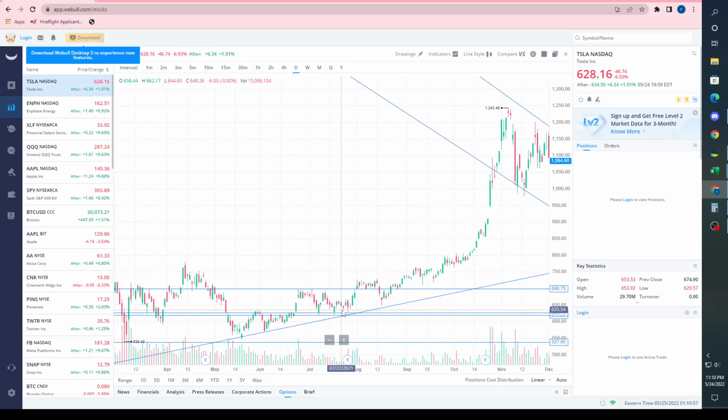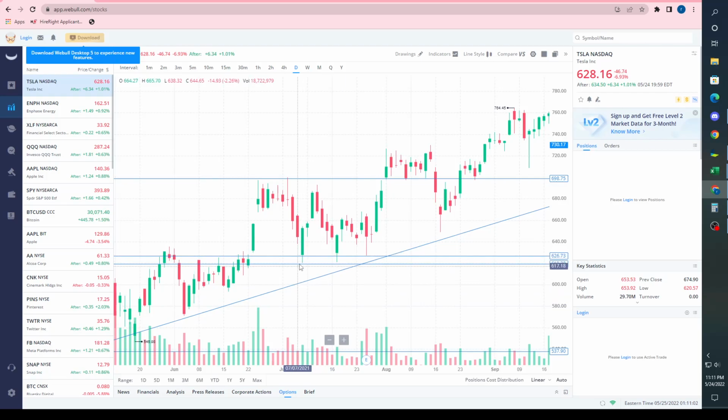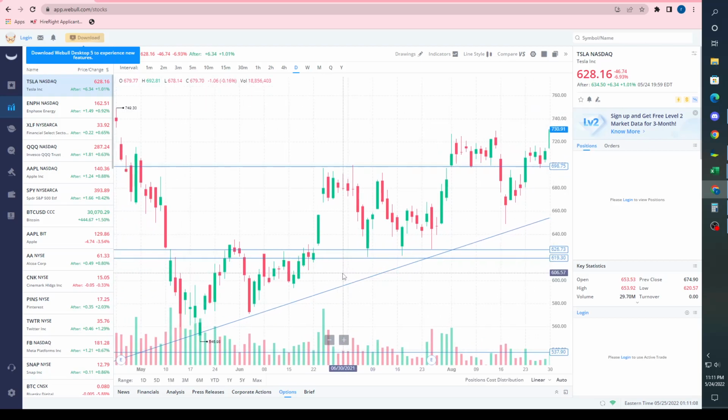So right here, when I really look at it, I'm going to zoom in for you guys. We have this double bottom right here around 619.30. And then we also have this area where we gapped up right here. We could also see that we had some resistance right here and right here and right here as well. Once we got above this level, we started seeing price action really take off.